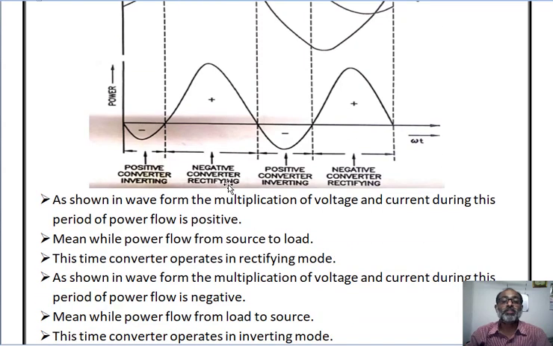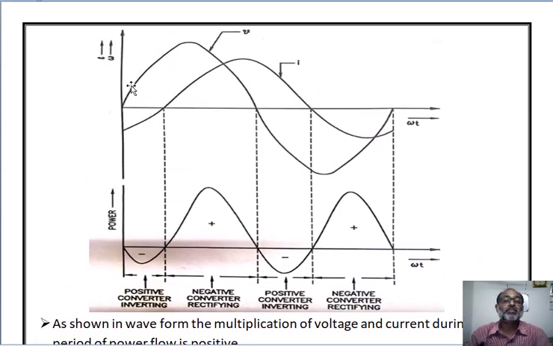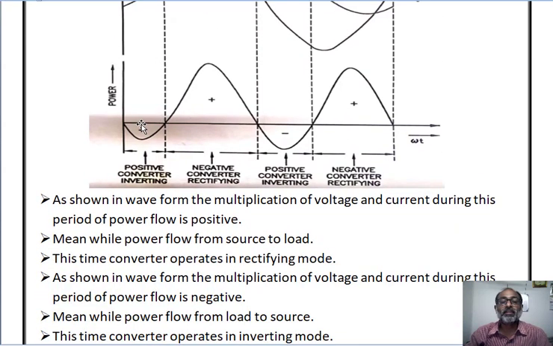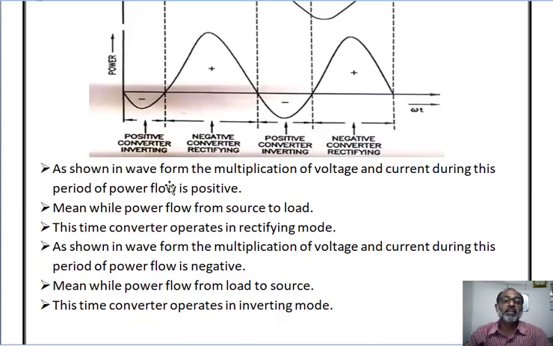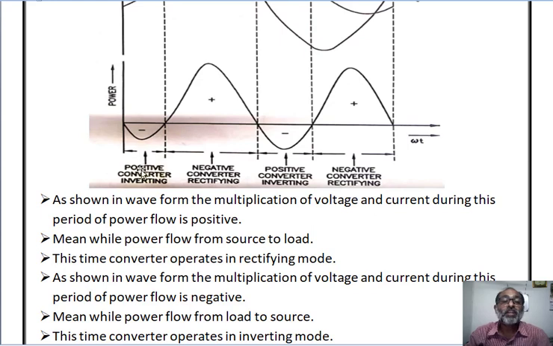Now, as shown in this figure, the multiplication of voltage and current is negative. During this period the power flow is negative, that means the power flows from load to source, and this time the converter operates in inverting mode. So here we can say the cycloconverter operates in both directions.